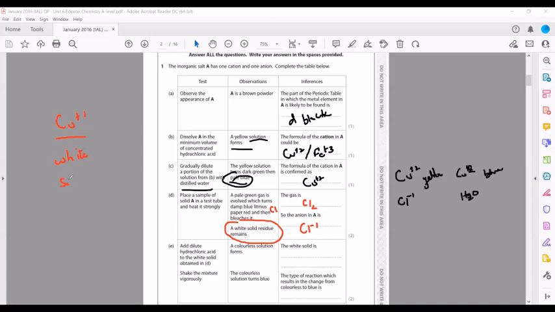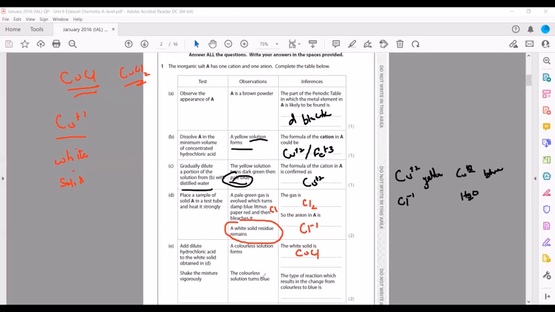The compound will be a white solid, but when we make a solution, if it is copper 1 chloride, it will be a colorless solution. If it is copper 2 chloride, it will be a yellow solution. So this white solid was actually copper 1 chloride, or CuCl.